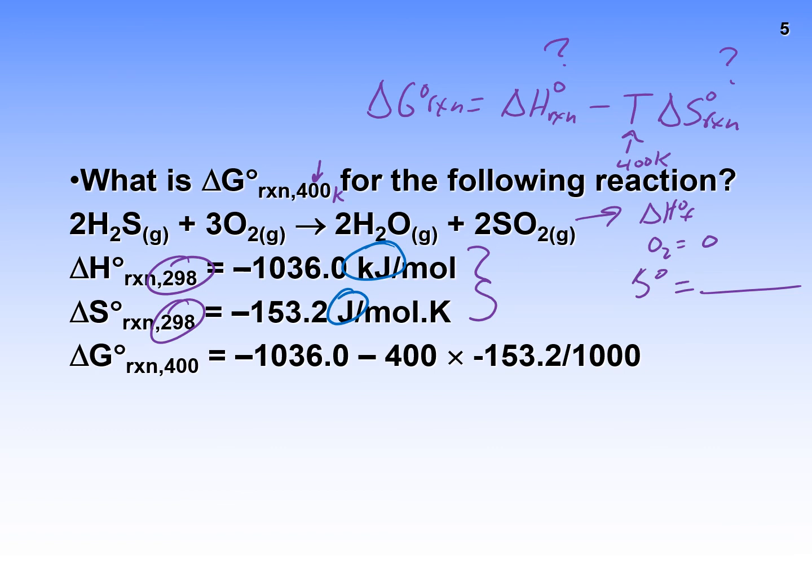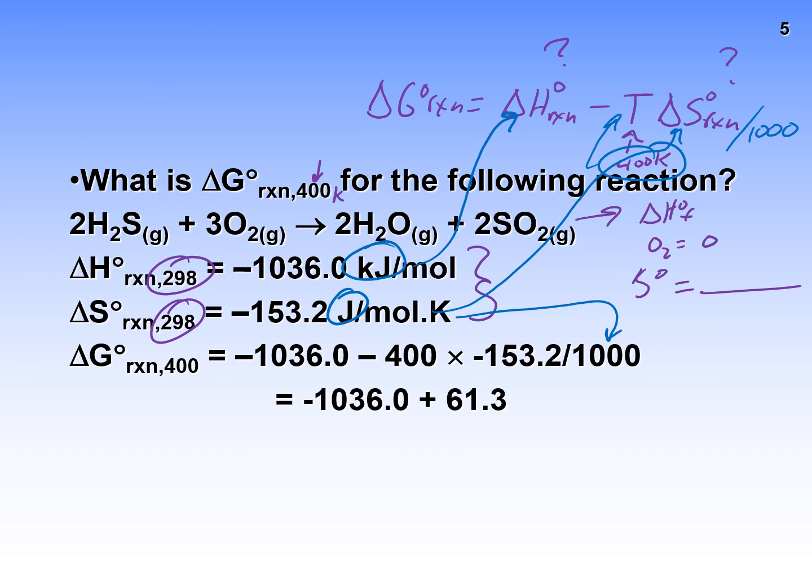It really doesn't matter which one we go about doing. In this problem, I'm dividing by 1,000 in the expression, and this is to change joules to kilojoules. At this point, we just plug into our equation. The delta H goes here, the delta S goes here, 400 Kelvin goes there, and I'm dividing this by 1,000 to get it into kilojoules.